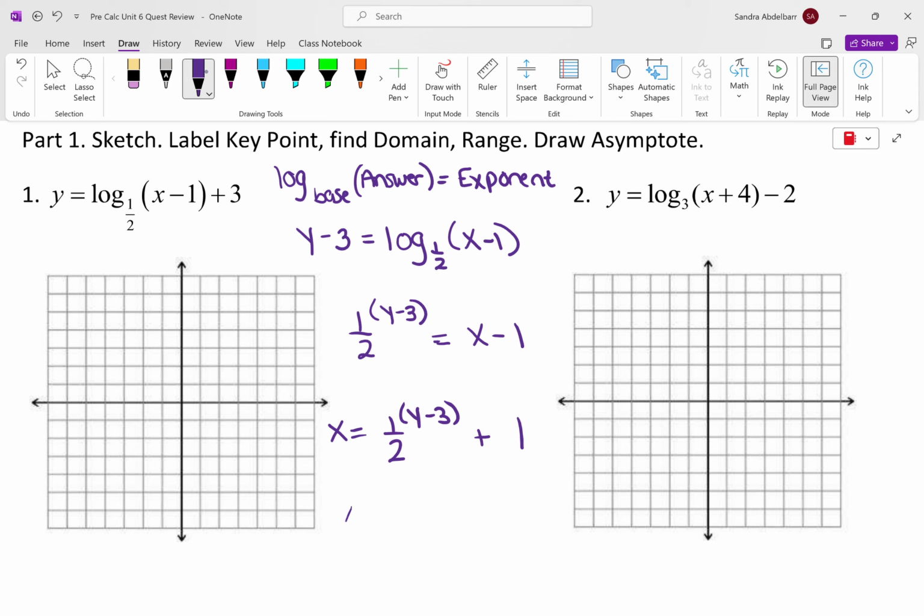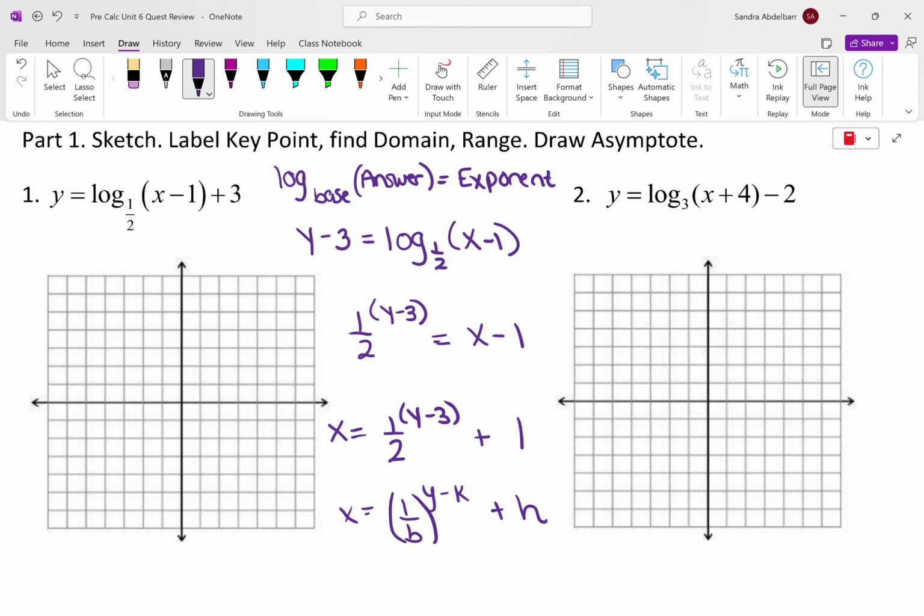So this is fitting the format of x equals 1 over b raised to the y minus k, plus h. Does anybody remember the key point for the parent graph of this?